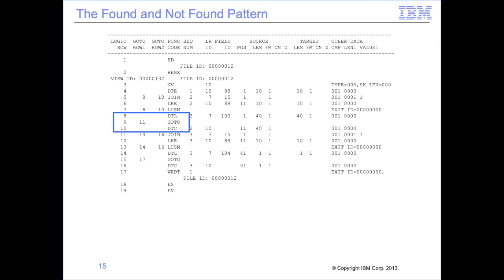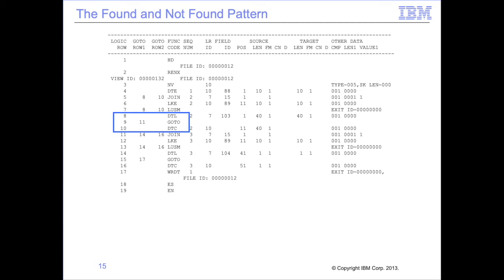LUSM functions are typically followed by a set of functions similar in structure to the CF functions. You'll remember that if the comparison proves true, often a move data from the event file field, DTE, or similar function follows. Then a goto function to skip over the else condition. The else condition is often a DTC, move data from a constant default value.